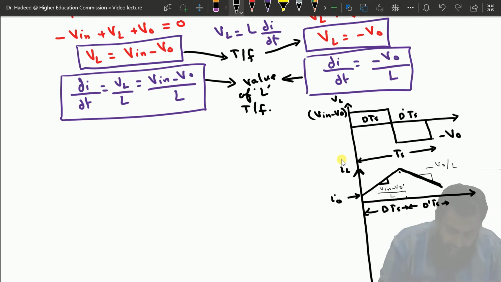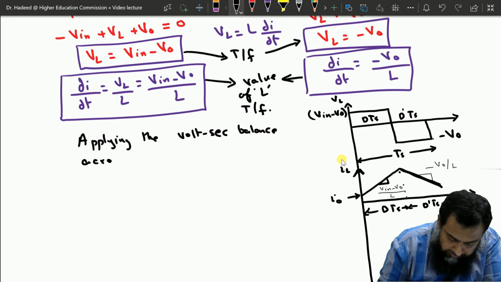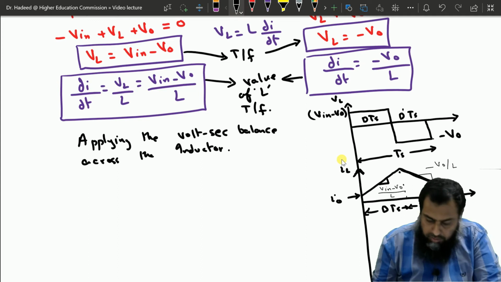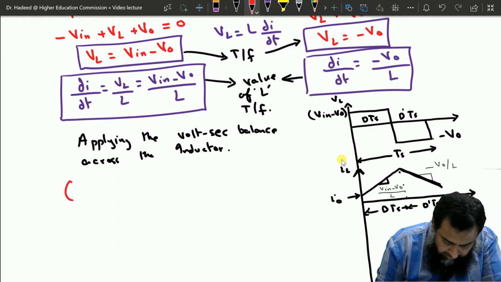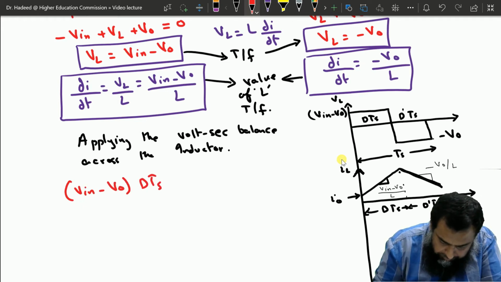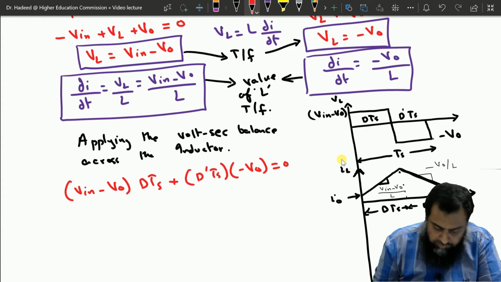So applying the volt second balance across the inductor, we see that Vin minus Vo into dTs plus d' Ts into minus Vo is equal to 0.